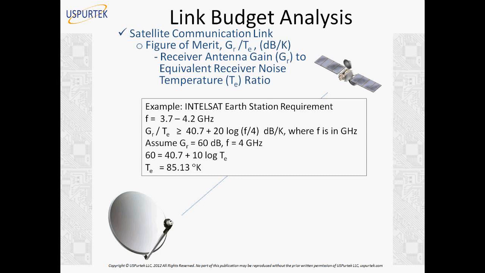For satellite communication links, our temperature has to be much lower actually. In our earlier calculation for earth-based microwave towers, we were talking about a total receiver temperature. It was coming out to be like 1389 degrees K, and that was for the total receiver and the antenna. But just for the receiver here, it has to be 85.13 degrees K.